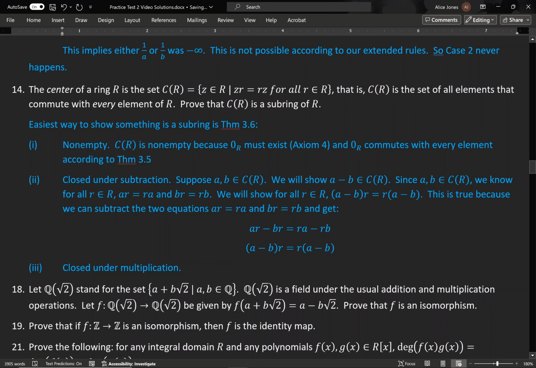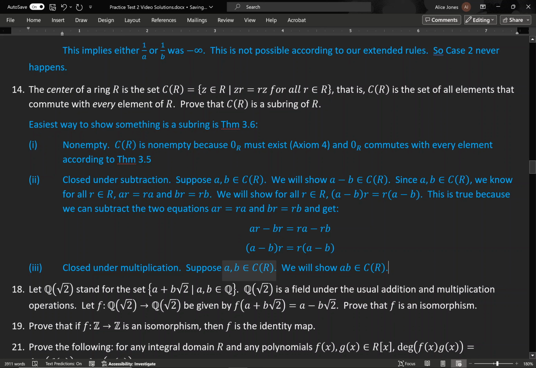Cool. Now for the last one, closed under multiplication, I'm basically just going to do the exact same thing. So we suppose that A and B are in C of R, and we will show A times B is in C of R. And how can we do that?